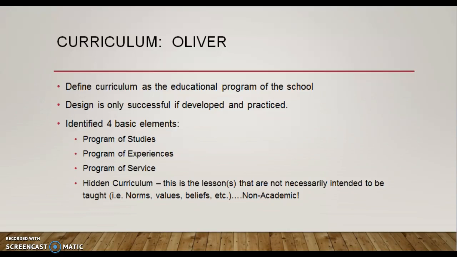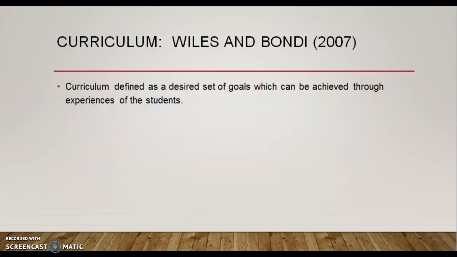Hidden curriculum is the lesson or the lessons that are not necessarily intended to be taught, those non-academic. And we will see that in just a few minutes in another study as well. Also, I read and reviewed Wiles and Bondi. They define curriculum as a desired set of goals which can be achieved through experiences of the student.